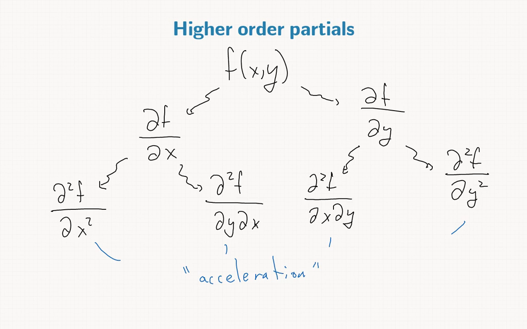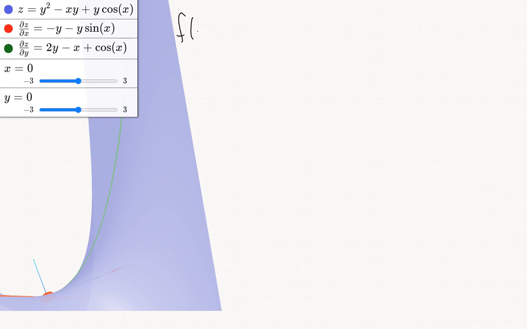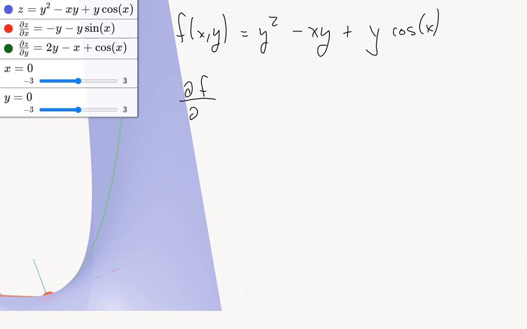So as always, this is best seen through examples. So let me work through several examples. Let's stick with the examples we've already worked out, since that way we've already got the first derivatives worked out. So if f(x, y) is y² minus xy plus y cos x, then we found that ∂f/∂x is negative y minus y sin x.